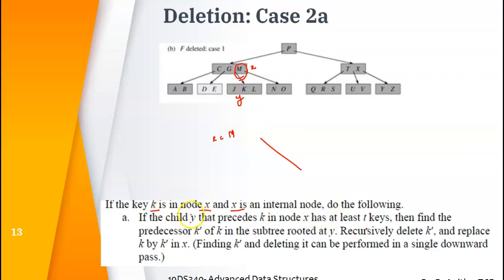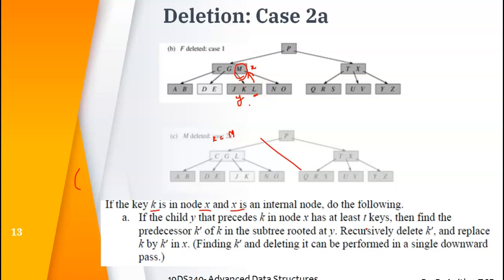So I have to find the predecessor here and make that the root at y. I have to find the immediate predecessor, that is L. So I shall move L to the position of M. With this result, I am moving towards this arrangement of trees.